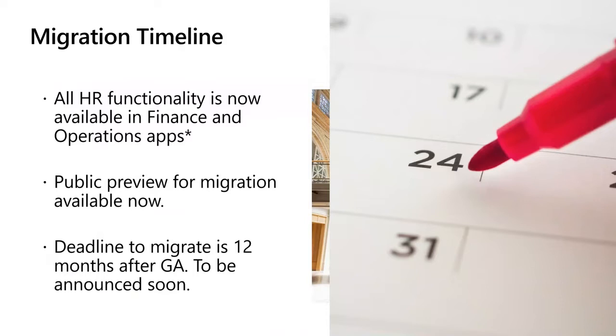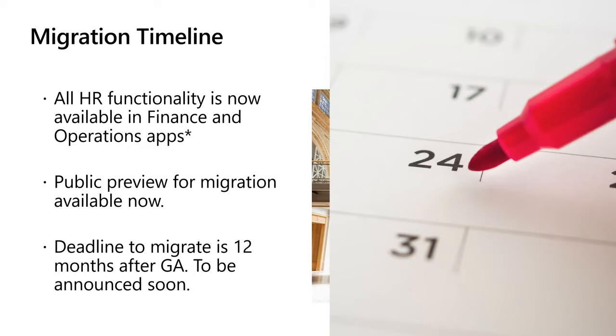So from a high level, when we talk about the transition timeline, all human resources features are now available in finance and operations. You can review the release notes for further details. After running private preview with a few customers, we have now announced public preview for human resources migration.